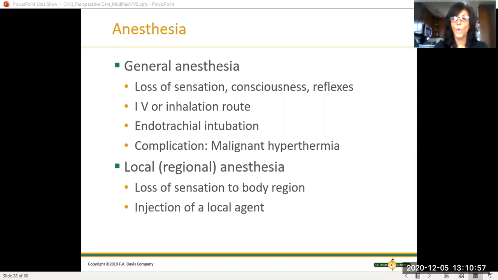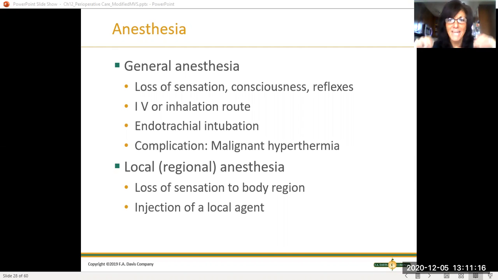And then there's something called malignant hyperthermia. And we're going to talk a little bit about that in a moment. The word malignant, people usually associate that with cancer. They say if it's cancerous, it's a malignancy. But malignant, the word means can cause fatal harm.